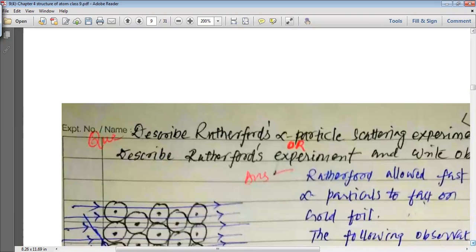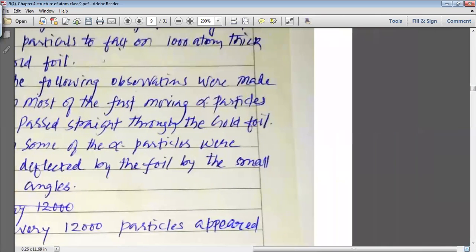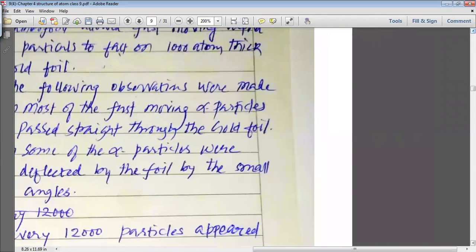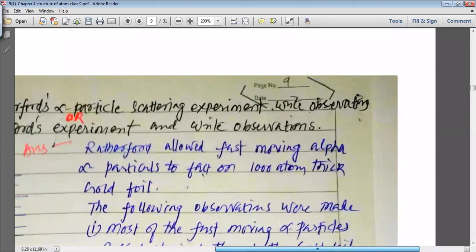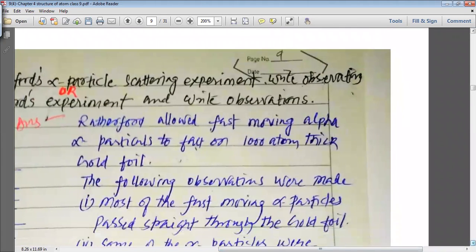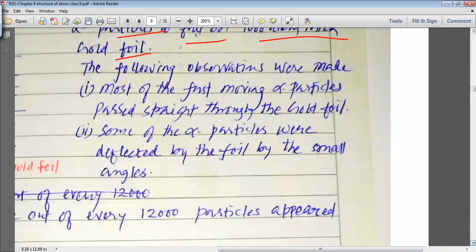Before we look into the figure, it's better that we read the text about Rutherford's experiment. Rutherford allowed fast moving alpha particles to fall on a 100 atom thick gold foil. The following observations were made.